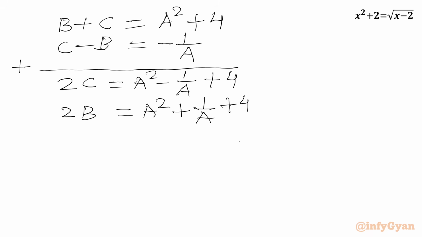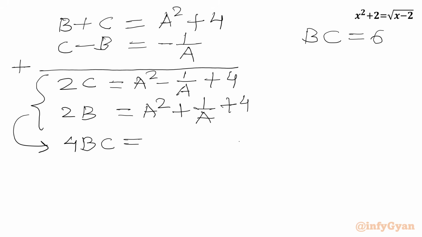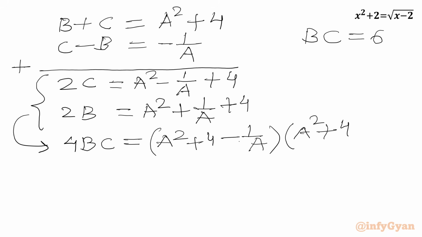Now we can multiply these two equations. As we know, bc is 6 from our third equation. So we are going to multiply these two. We will write 4 times bc in the left hand side, and in the RHS we can write (a square plus 4 minus 1 over a) times (a square plus 4 plus 1 over a).